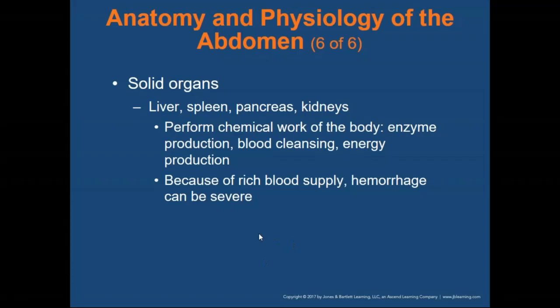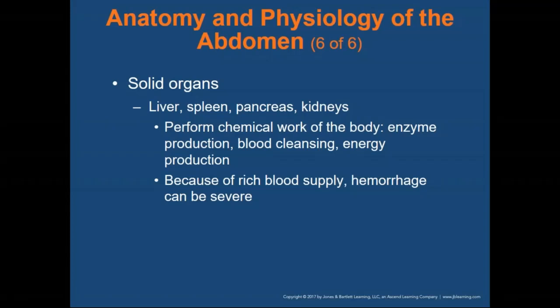Ruptured pancreas is really difficult, to rupture the pancreas by itself. We're not going to really go deeply into what that causes, but the pancreas, if you'll remember, that's where insulin is produced. There are also other digestive enzymes that are produced there.